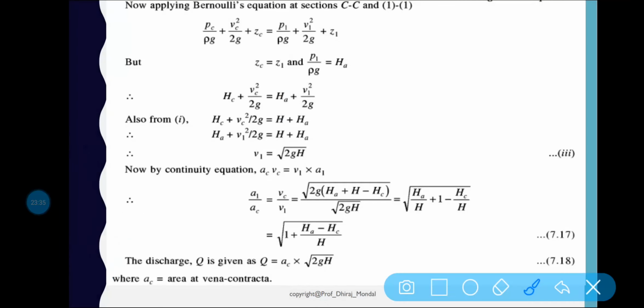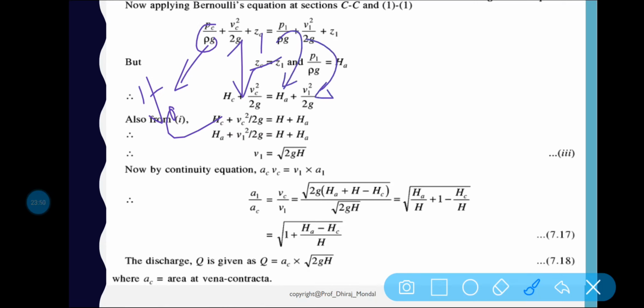This one is HC, and this is VC square by 2g as written. This will be 0, and this is equal to HA, the atmospheric pressure head, and this one is the velocity head at the outlet of the mouthpiece.